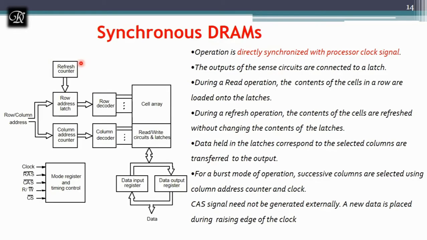For example, if it is 10 nanoseconds, then after 10 nanoseconds it has to refresh the cell array so that it can retain the state, because we are working on a DRAM, dynamic RAM. If it is a static RAM, we need not worry about this. But dynamic RAM demands that after a periodical time we have to refresh the data so that we can have the proper data. Otherwise, if the voltage stored inside the capacitor is not meeting the threshold, then we are losing the data.